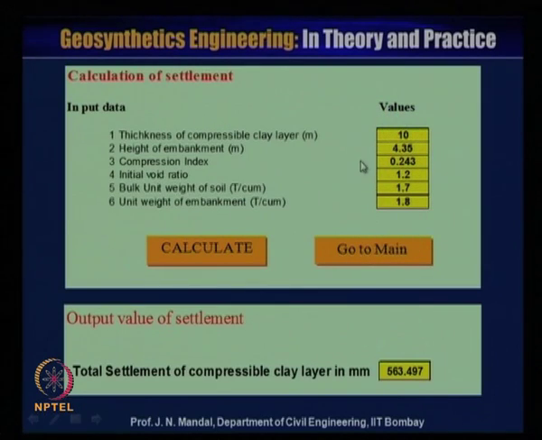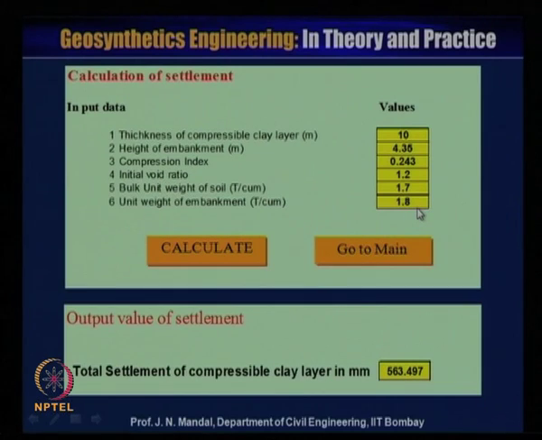Now, you have to calculate the settlement, you put the input data: thickness of the compressible clay layer is 10 meter, height of the embankment is 4.35 meter, compression index is 0.243 and initial void ratio is 1.2, and bulk unit weight of the soil is 1.7 ton per meter cube and unit weight of the embankment is 1.8 ton per cubic meter.